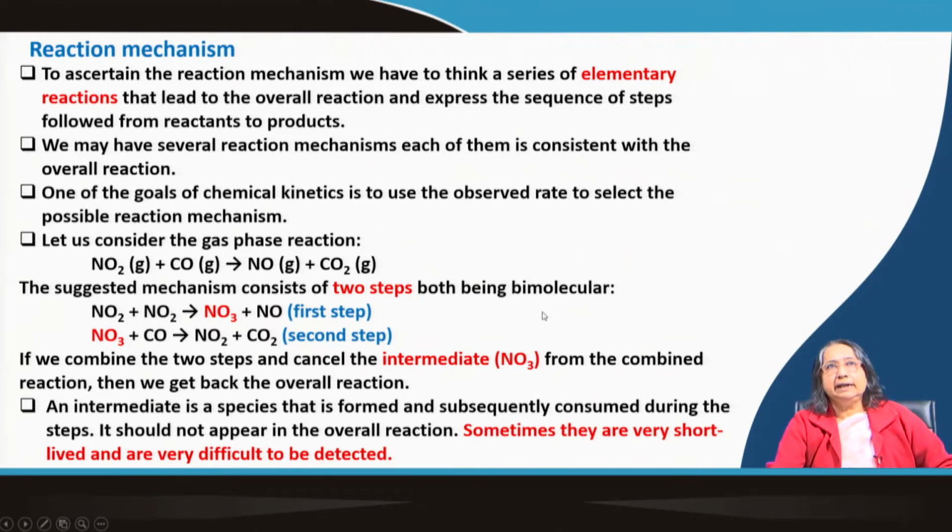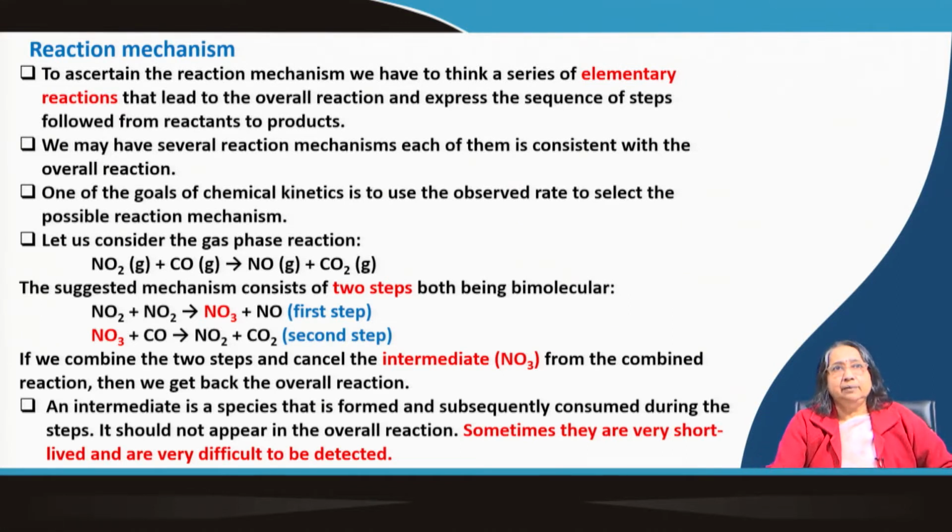To ascertain the reaction mechanism, what we have to know, I already discussed in the previous lecture, is that we have to propose or write elementary reactions. We have to think of a series of elementary reactions, because most reactions do not occur in a single step. And when you consider the elementary reactions, you cannot think of anything.